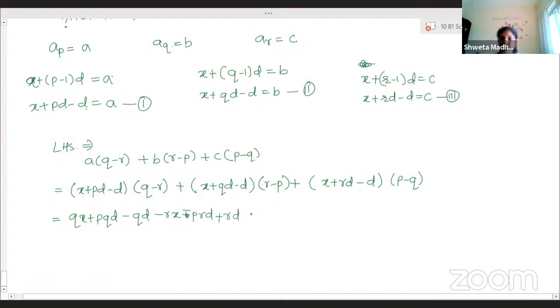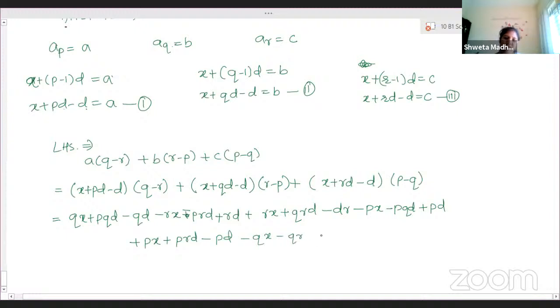Similarly the second part: RX plus QRD minus DR minus PX minus PQD plus PD. This is the second bracket multiplication. Third: plus PX plus PRD minus PD. And with minus Q we multiply: minus QX minus QRD plus QD.